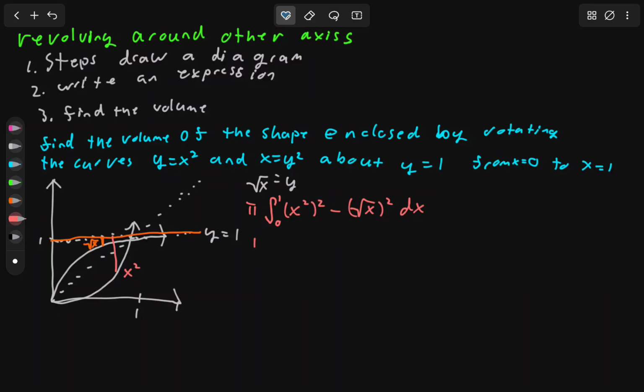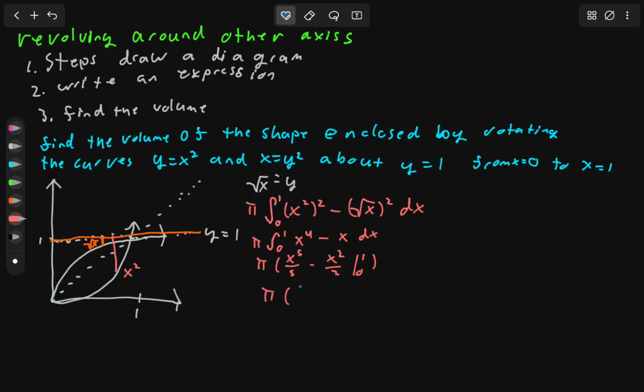So now what we have to do here is just evaluate this integral as normal. We get x to the fourth minus x dx. And then evaluating the integral, we get x to the fifth divided by 5 minus x squared divided by 2, evaluated from 0 to 1. Well, at 0, this function is just going to be 0.